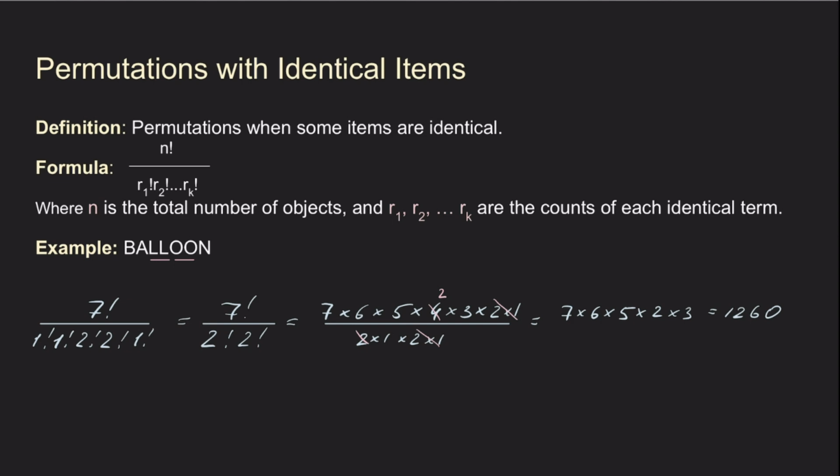Using the formula, we calculate the permutations as 7 factorial divided by 1 factorial times 1 factorial times 2 factorial times 2 factorial times 1 factorial, where 2 factorial is for L and another 2 factorial is for O being twice. So this is equal to 1,260 possible unique arrangements. So we use this method to correctly count the number of distinct ways to arrange items when duplicates are involved.